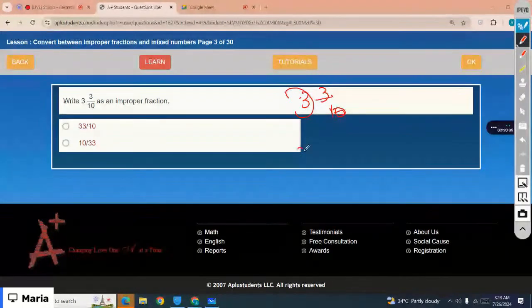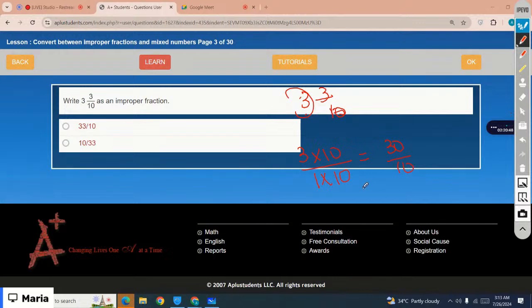You need to multiply the whole number times 10, the denominator. That is 30 over 10. And then the fractional part, so that is 30 plus 3 is 33 over 10.